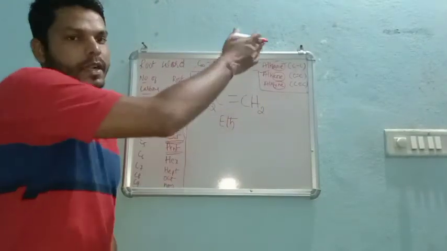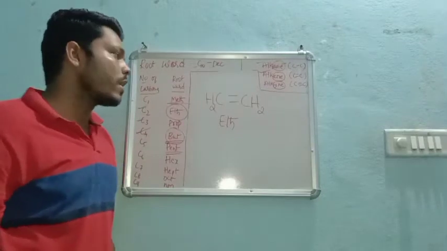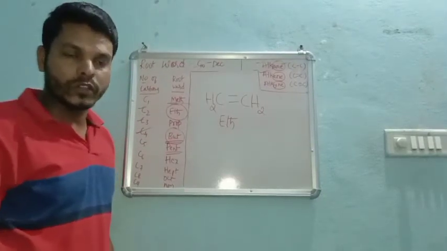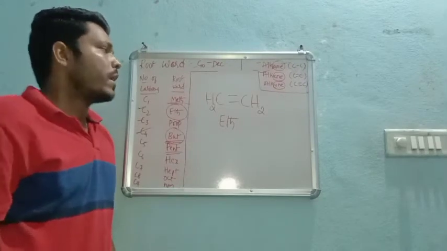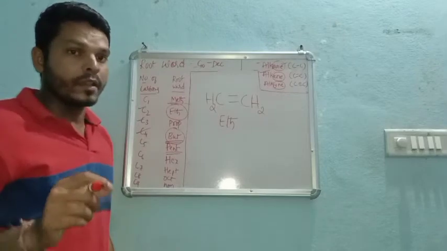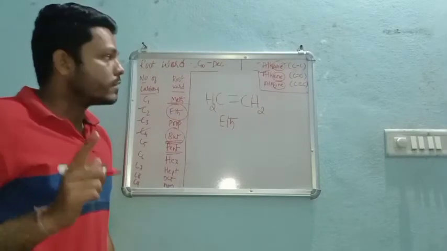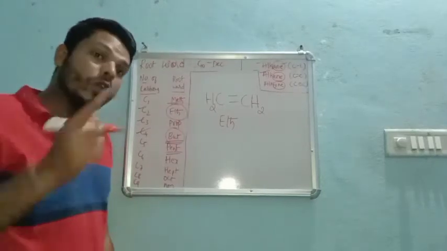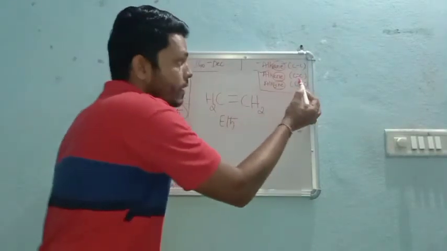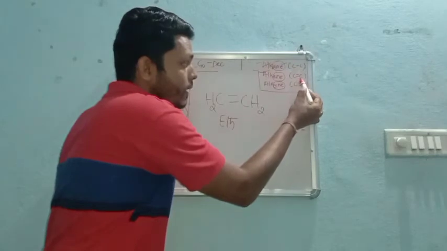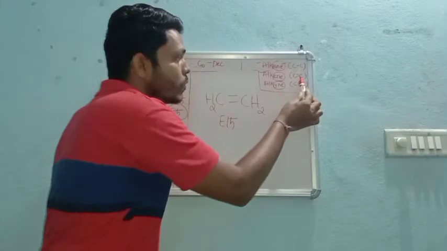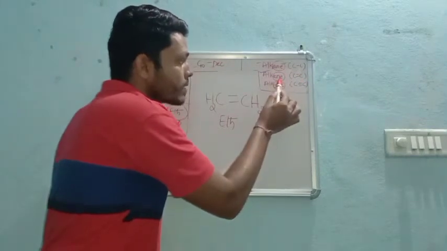So now go for saturation or unsaturation. Clearly the compound is unsaturated, and the unsaturation is of what type? Alkene. If it is an alkene, then what do we have to use as a suffix? ene. Very important. If between carbon and carbon there is a double bond, then we must use the suffix ene.